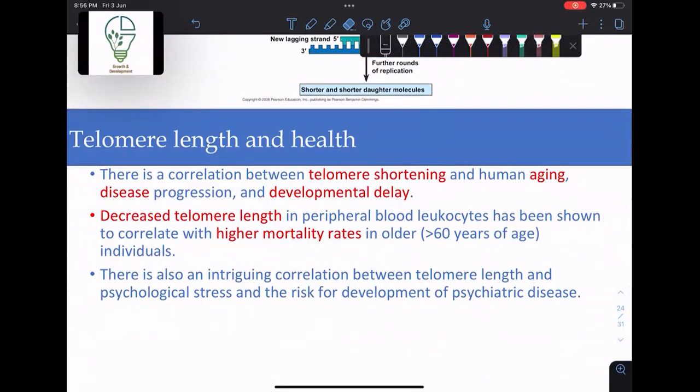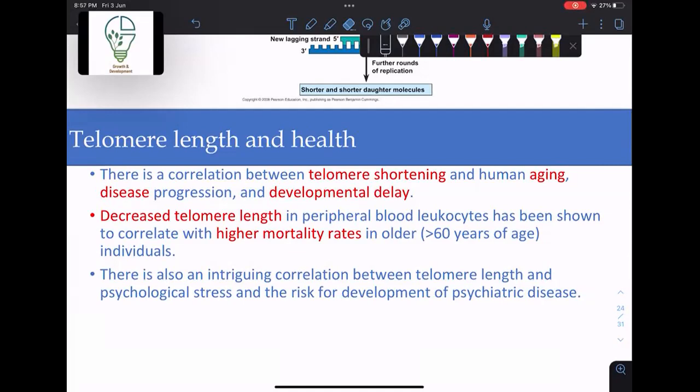Decreased telomere length in some cells has been shown to correlate with higher mortality rates in older patients, because with age these telomeres grow shorter and shorter, which means the DNA is now capable of undergoing damage, because the telomere was the thing protecting the DNA.